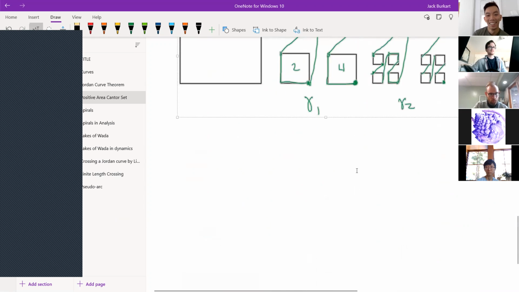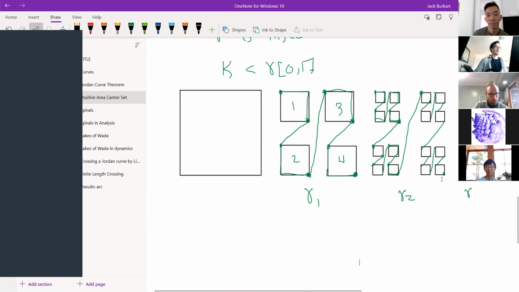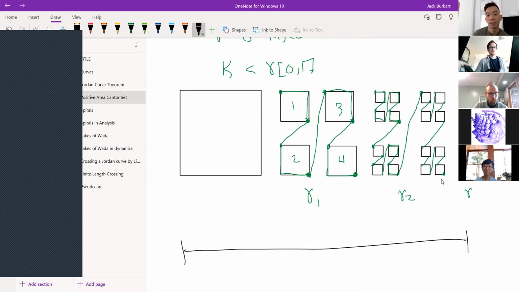All right. So here's how we're going to parameterize gamma 1. I'm going to take the unit interval 0, 1, and I'm going to break it up into 7 pieces. 1, 2, 3, 4, 5, 6, 7, like so.